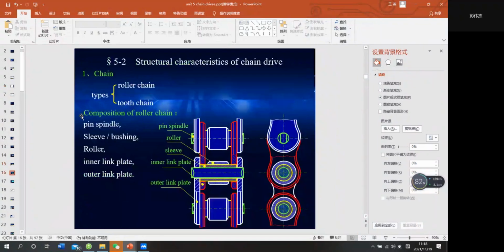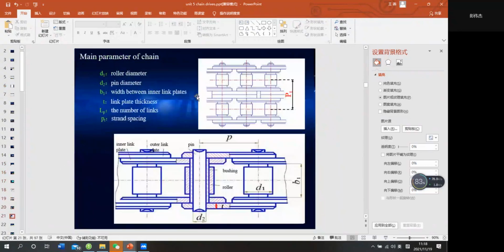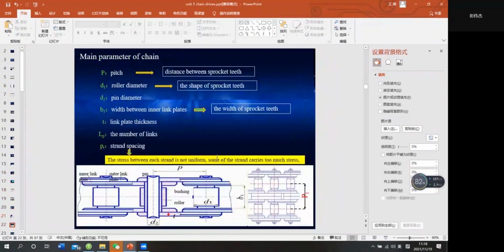You should master the composition of roller chain, and master the parameters of the roller chain.